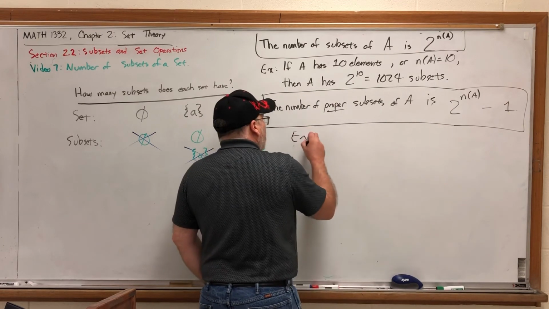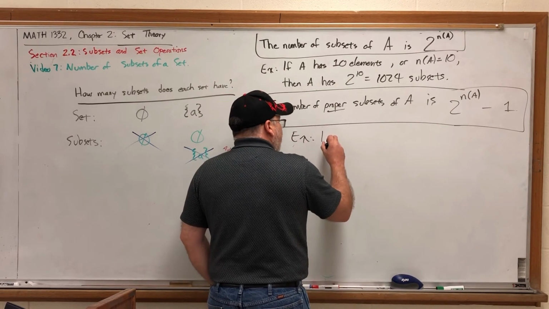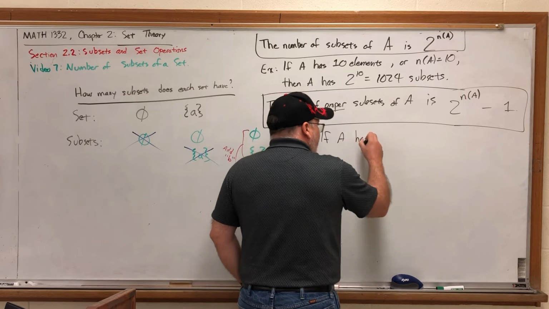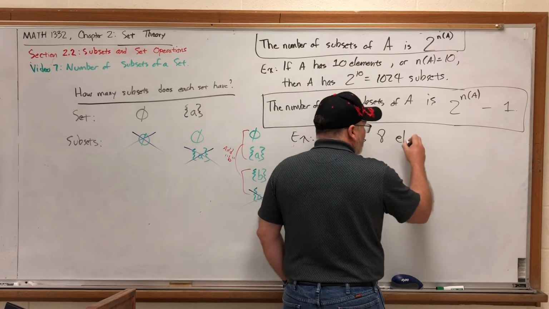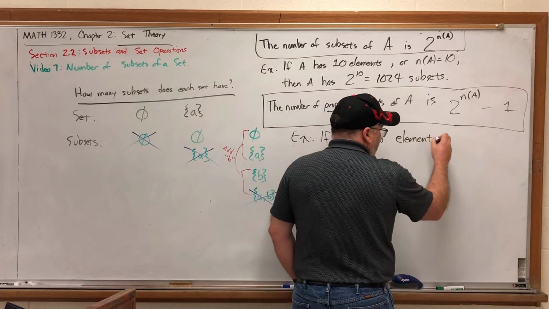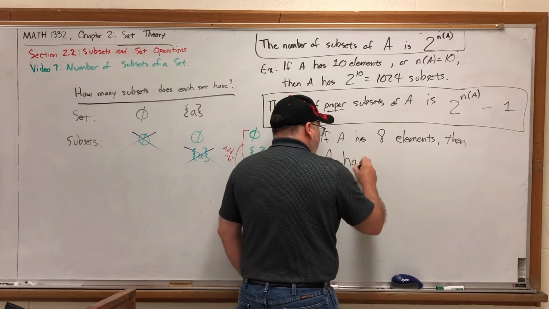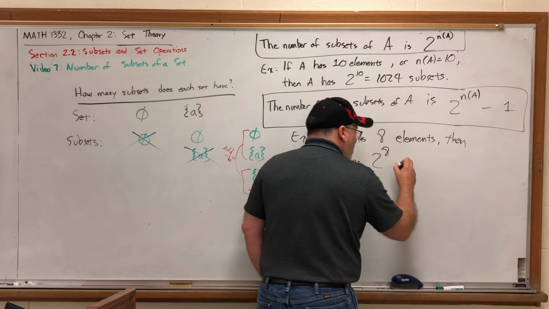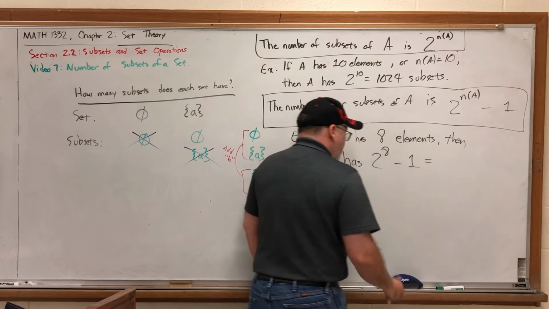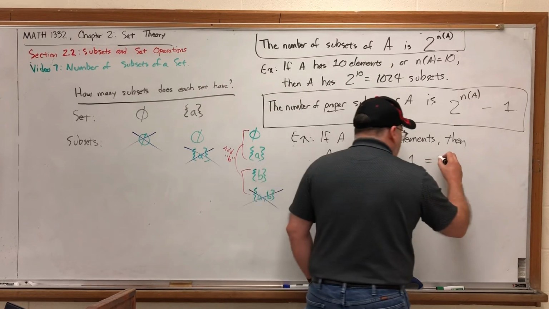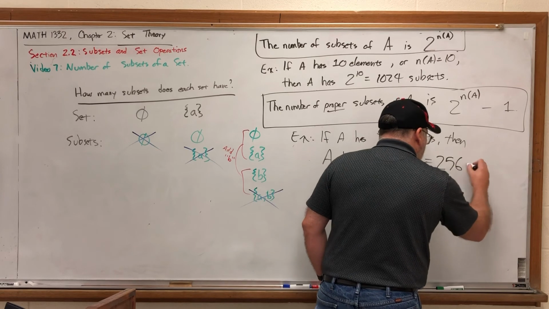So for example, if A has 8 elements, then A has 2 to the 8th power minus 1. Well, 2 to the 8th power is 256.